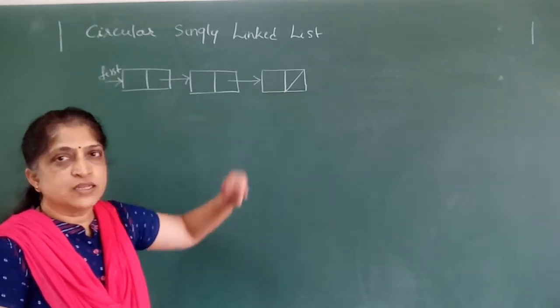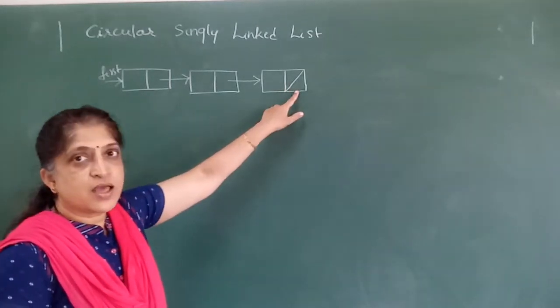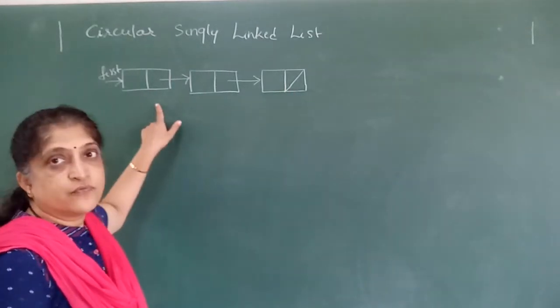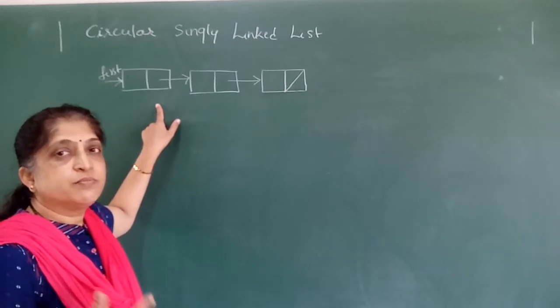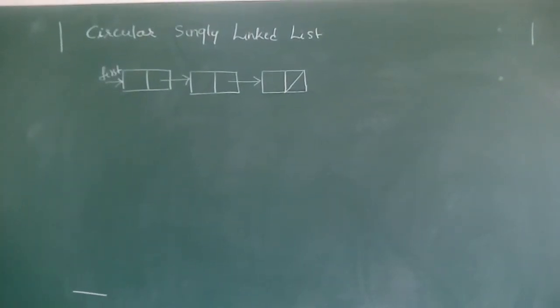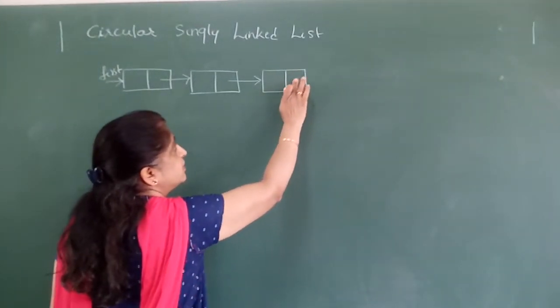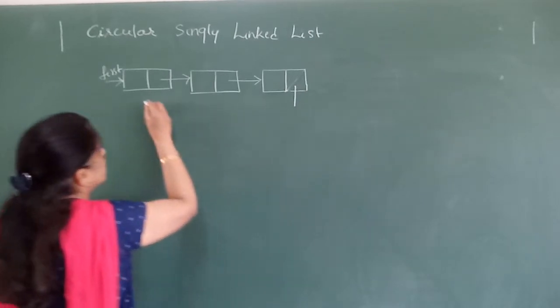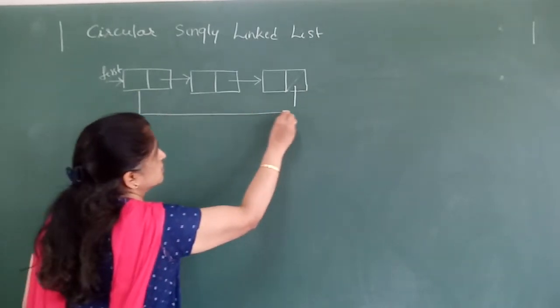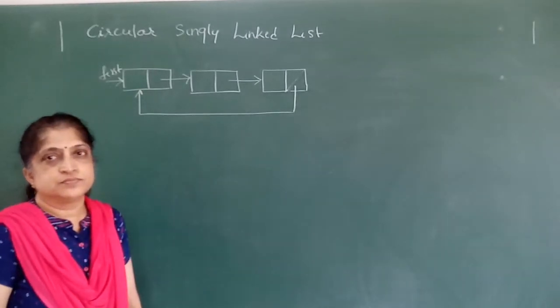In case of a circular linked list, as the name itself says, the last node has a pointer to the first node, thus making it a circle. Then how does it look like? The last node will not have null here, it will have a pointer to the first node.